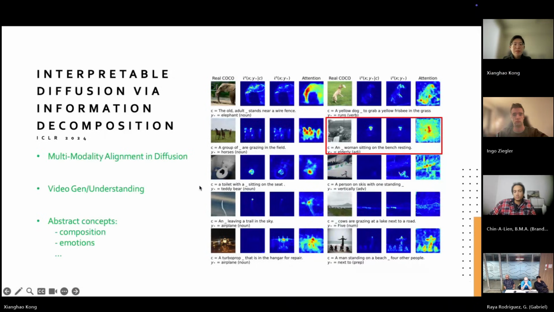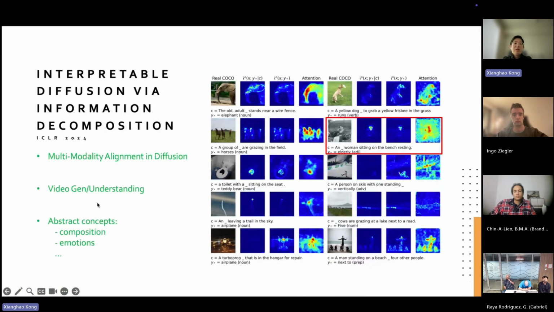So that means if we use the information matrix or information-theoretic bound to train the diffusion model, it can improve this kind of multimodality alignment in diffusion models, right? And another thing: for image generation, there's no problem because everything is static.